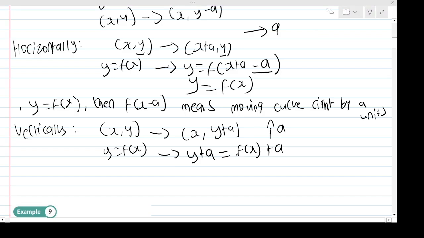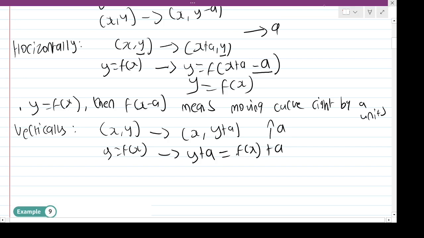It's still x, and that's what I want. I want the same input when I translate it vertically, because if I move it vertically only, I'm not moving it left or right, so the x value should stay the same. So vertically, I don't need to do any adjustments.